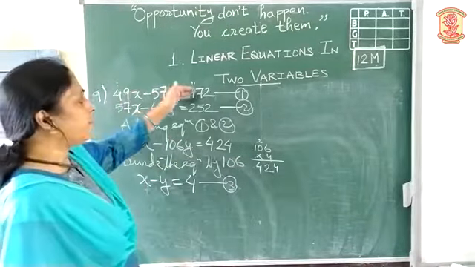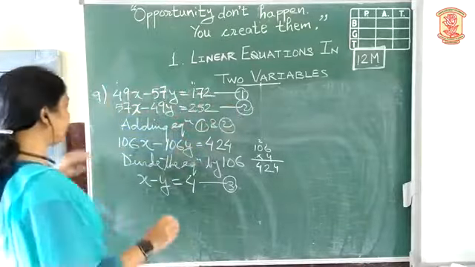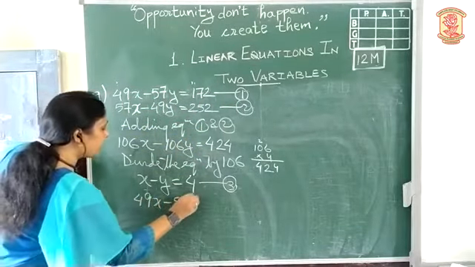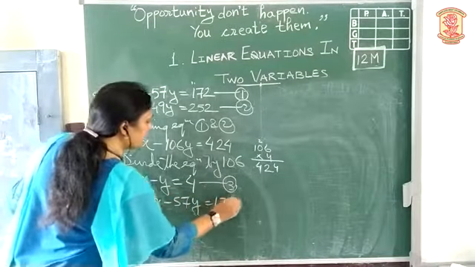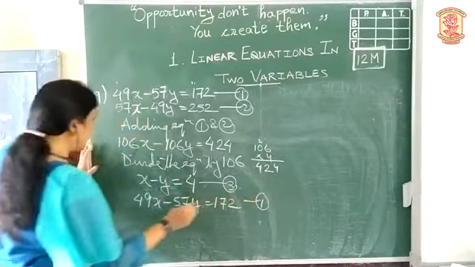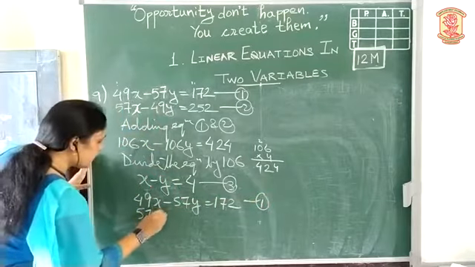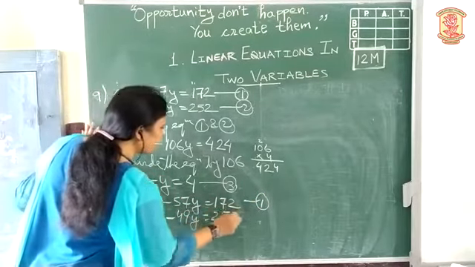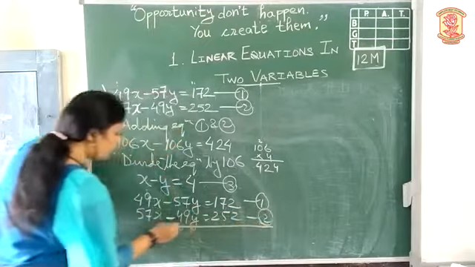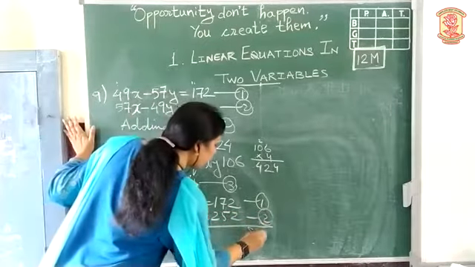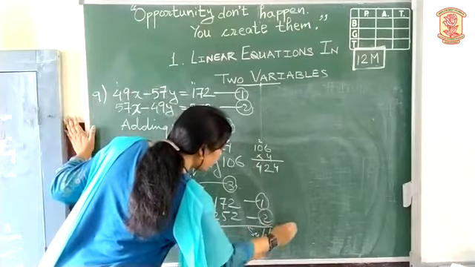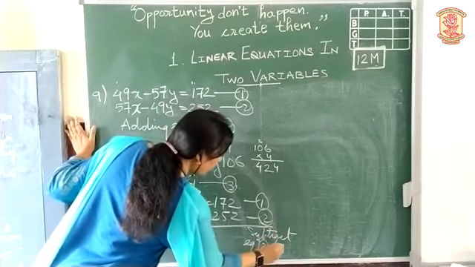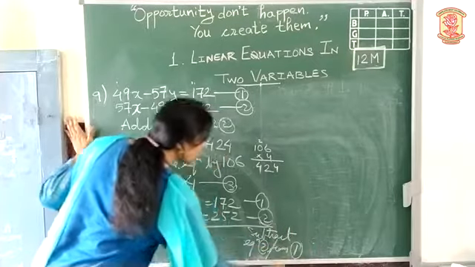Again for subtraction, we have to write down both the equations again. That is 49x minus 57y equals to 172 and 57x minus 49y equals to 252. Subtract equation 2 from first.